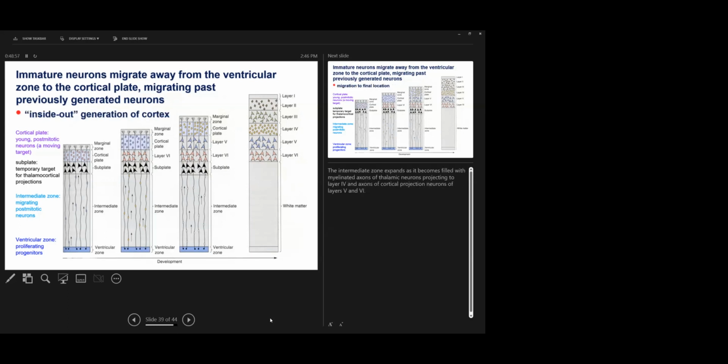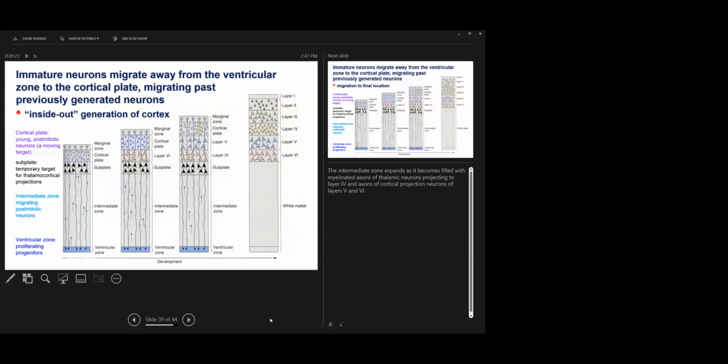Then, because of the inside-out generation of cortex, the cells formed at the ventricular surface come out, as I showed in the very first slide. The cell goes through S phase, then G2, M phase, the mitotic phase, and then comes back to S phase. It shows inward and outward movement.